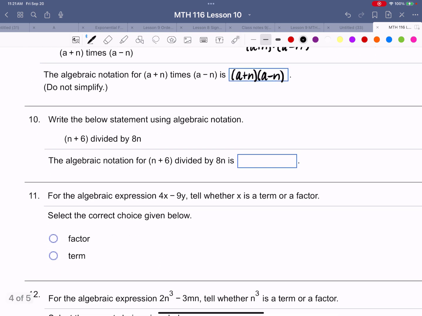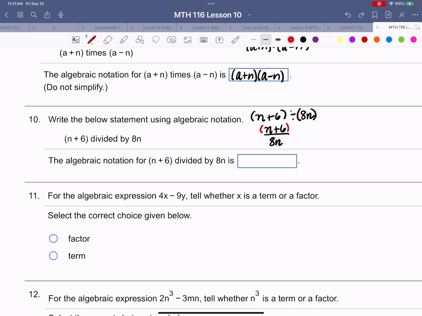Example 10. Write the below statement using algebraic notation. n plus 6 divided by 8n. So n plus 6 divided by 8n. You put parentheses around the 8n. Probably the preferable way to write this is n plus 6 over 8n, and I want you to just keep those parentheses around that expression because it keeps you from doing something that would be wrong, like trying to cancel out those n's.